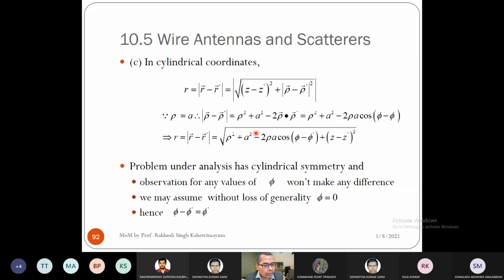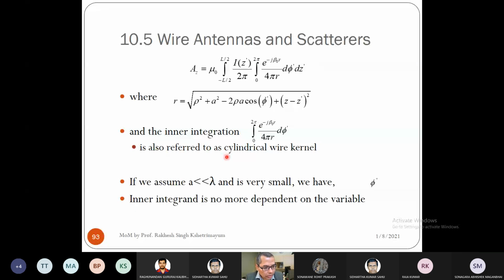So here you have one major simplification, which is called the thin wire approximation. In the thin wire approximation, this R, which you can derive, is the square root of rho square plus A square. For the thin wire case, A would be very small, so whatever terms you have with A, you can neglect it. R will simply be the square root of rho square plus z minus z dash whole square.